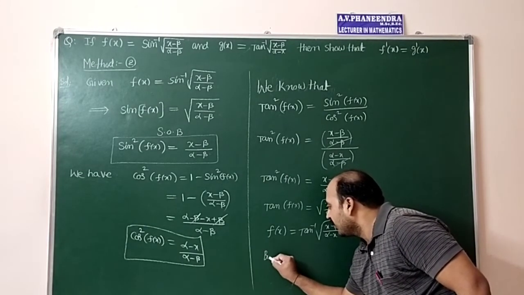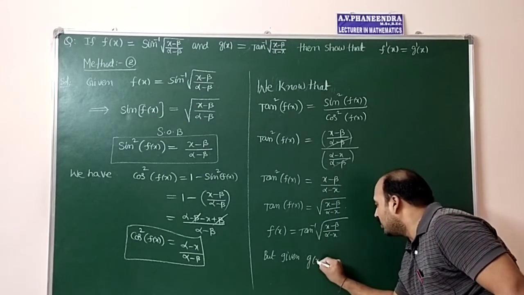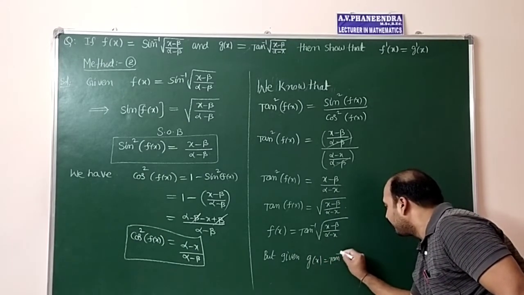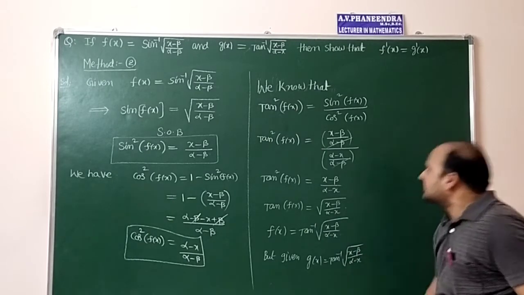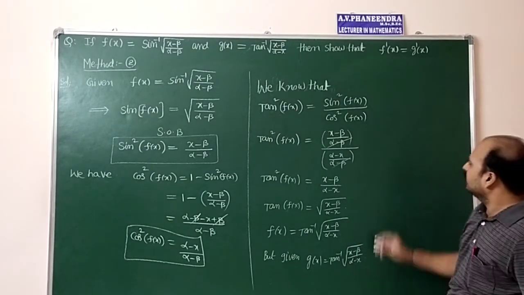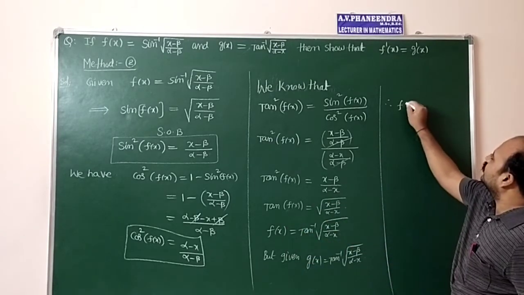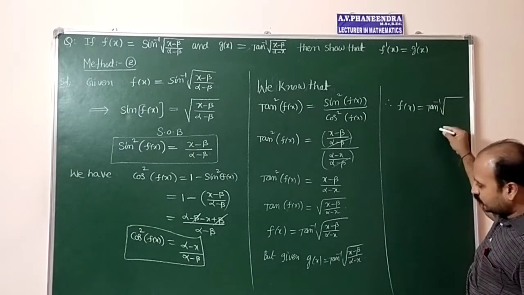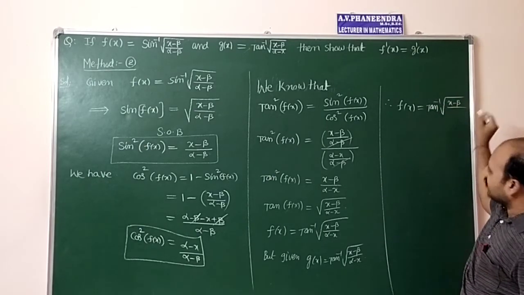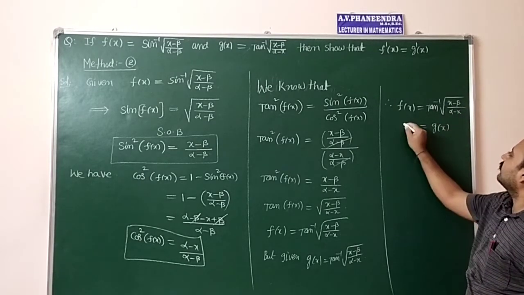But given g of x is equal to tan inverse of square root of x minus beta divided by alpha minus x, that value is given. So f of x is equal to tan inverse of square root of x minus beta divided by alpha minus x is equal to g of x.